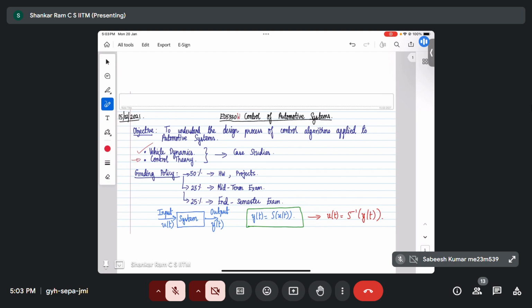Then we will combine both of them, and see how we design control systems for automotive applications.